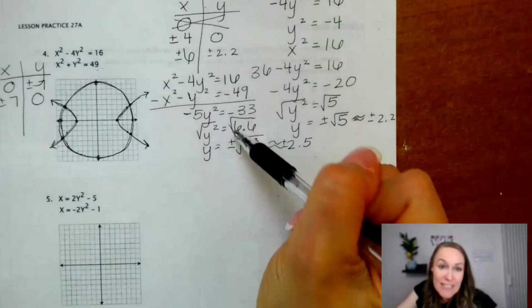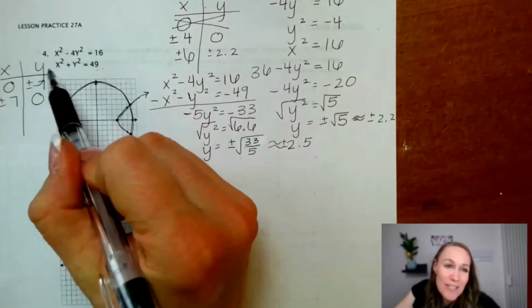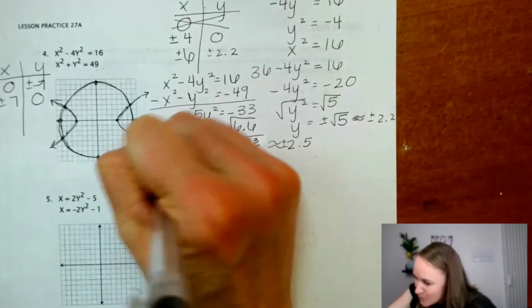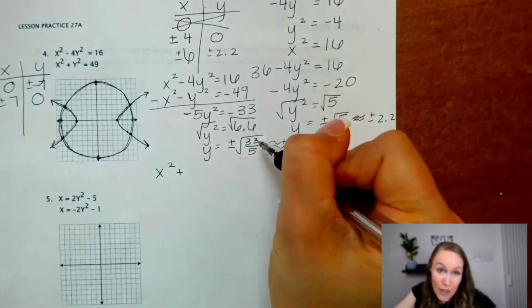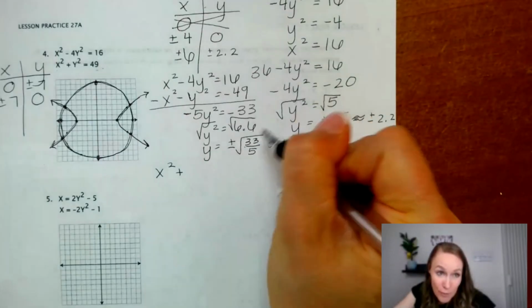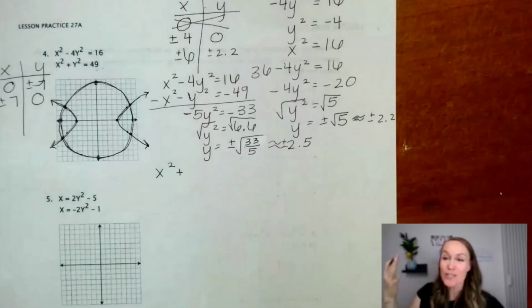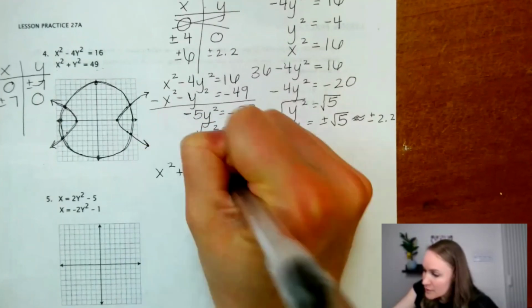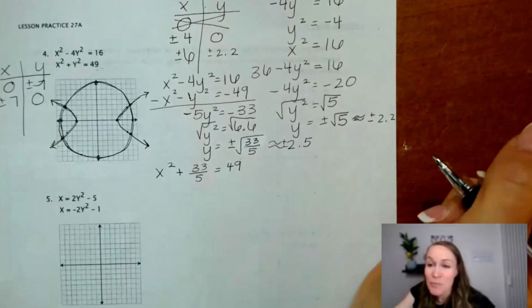But now I'm going to take this messy number and plug it in. I think I'm going to use this equation because it looks more simple. So I have x squared plus this messy thing, the square root of 33 over 5 squared is just 33 over 5, right? So I can just write 33 over 5 equals 49. This is not going to be nice at all.